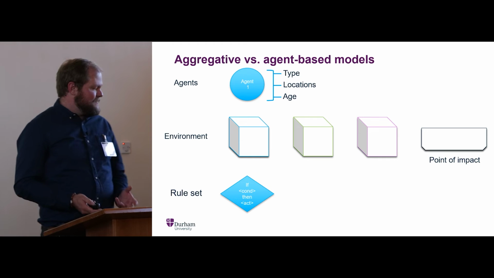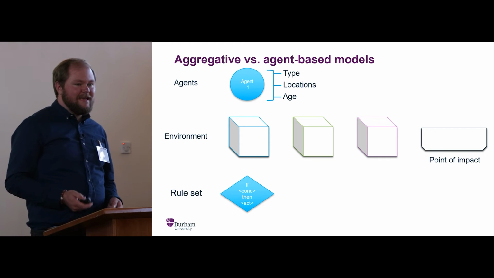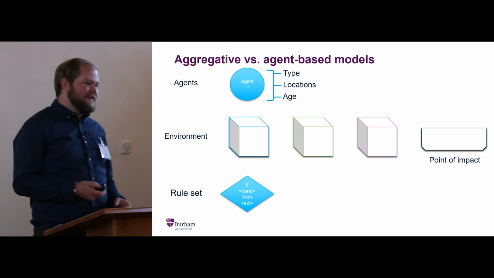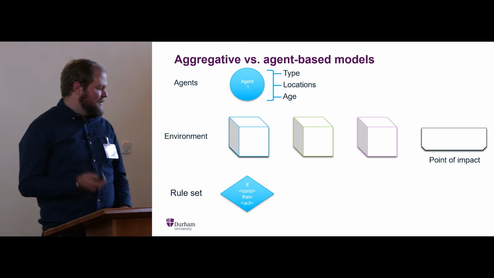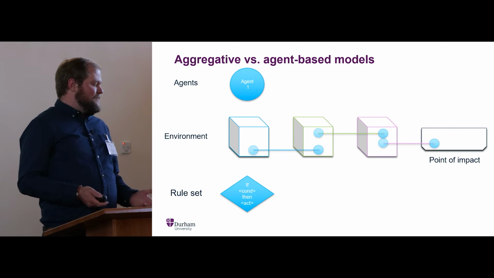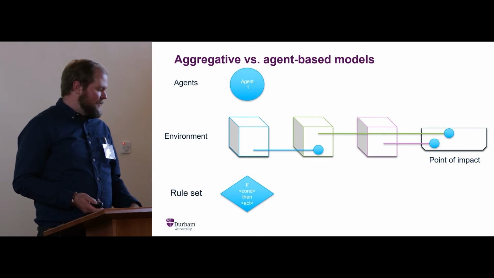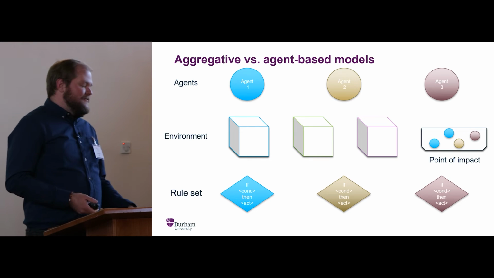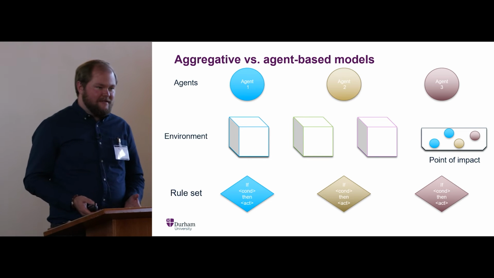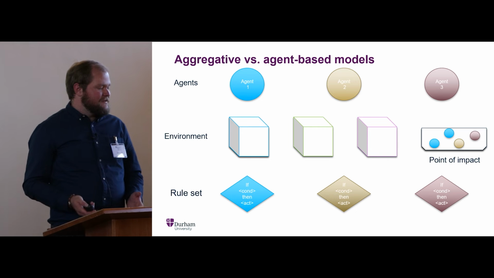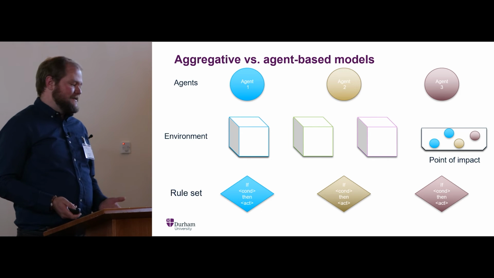Now, in this way, agent-based models offer a process-based framework to gain insight into the spatial origins of water and contaminants reaching our point of impact. And that's because our agents can remember where they entered the simulation and the pathways that they subsequently followed. We also have the flexibility to define multiple types of agents within one simulation, so this gives us scope to consider how we might manage several hazards simultaneously.